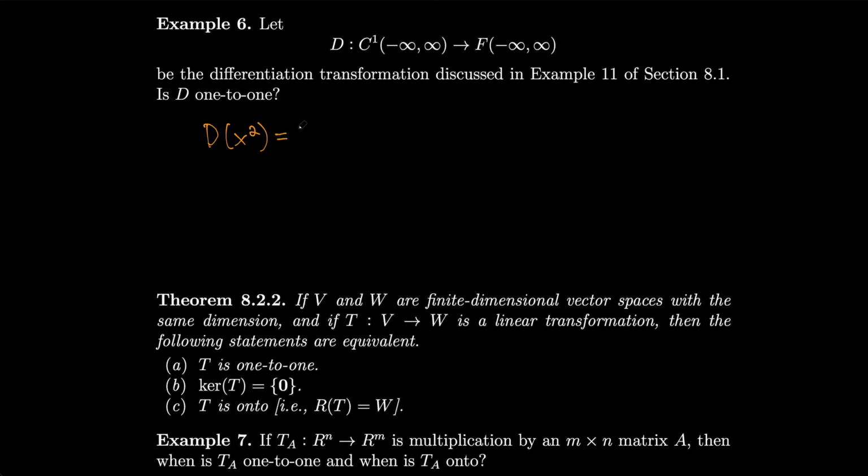But if I took the derivative of x squared plus 1, that would also be 2x. The derivative of any function up to a constant would be the same, because the constant will always have a derivative of 0. So that immediately tells you that D is not 1 to 1.